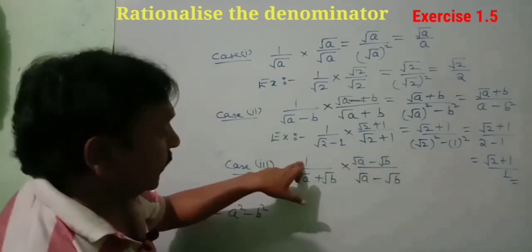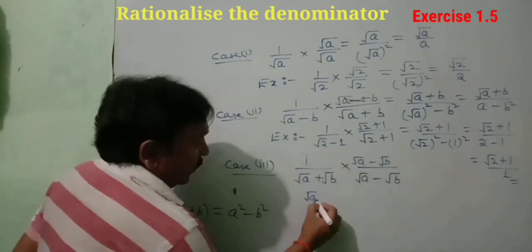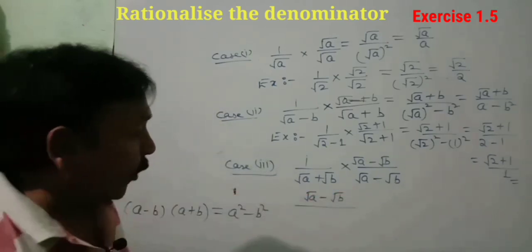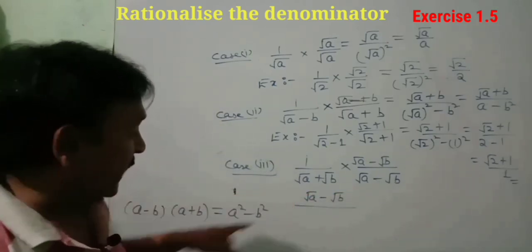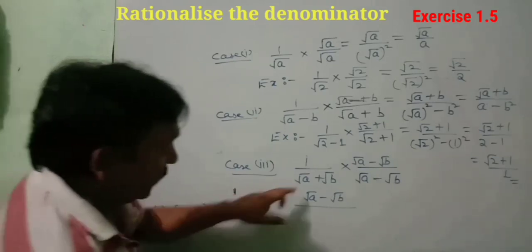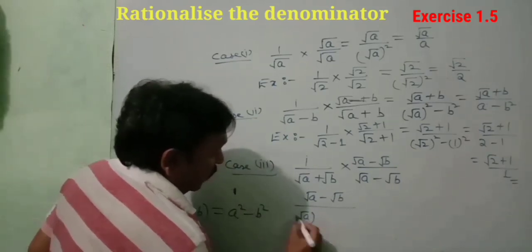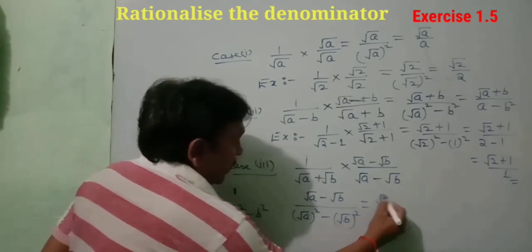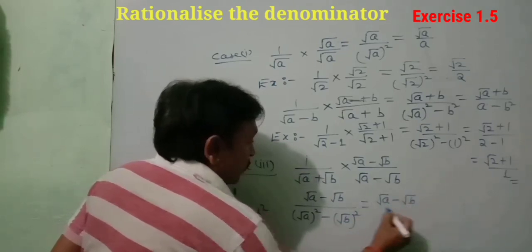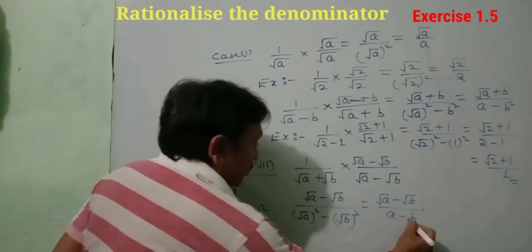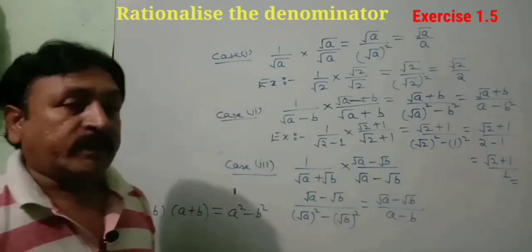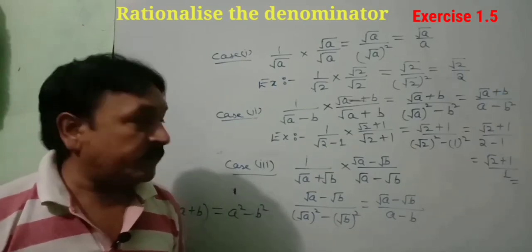So root a minus root b into 1 becomes root a minus root b, but in the denominator we can now use our formula that I just told you. So it will become root a whole square minus root b whole square. So what will it give? Root a minus root b upon a minus b, since root a square means a and root b square means b. Understood the concept? See it in a proper way.